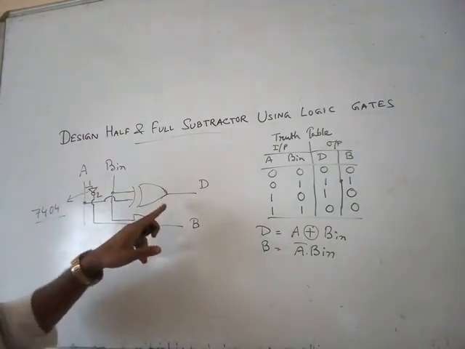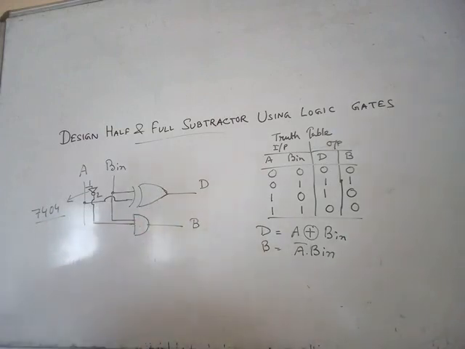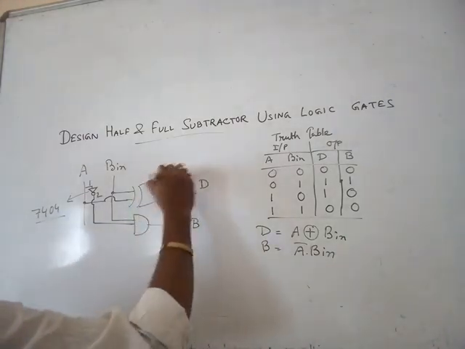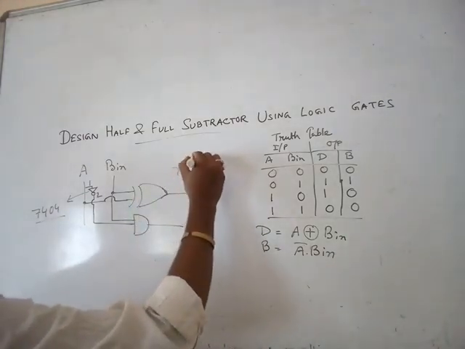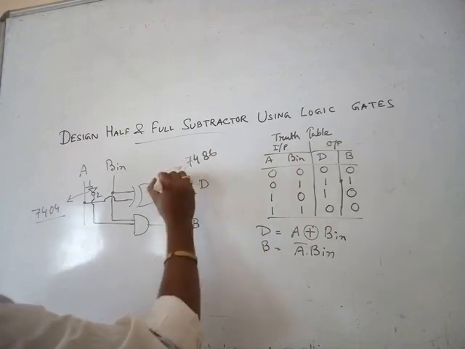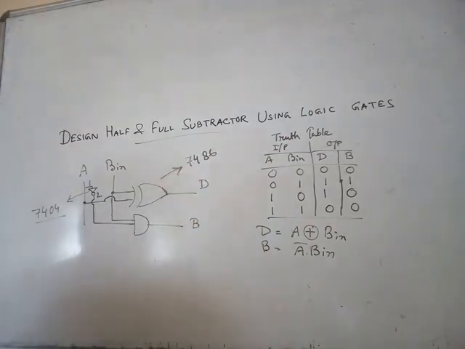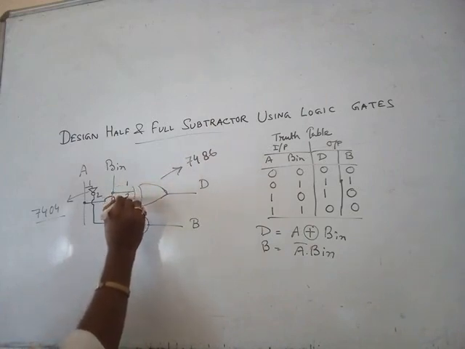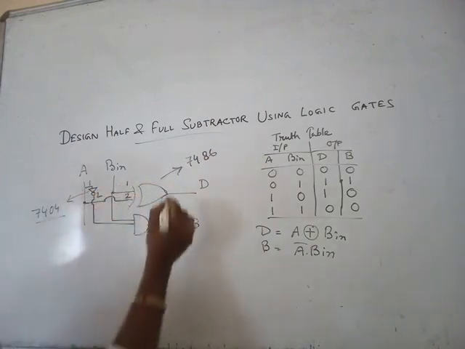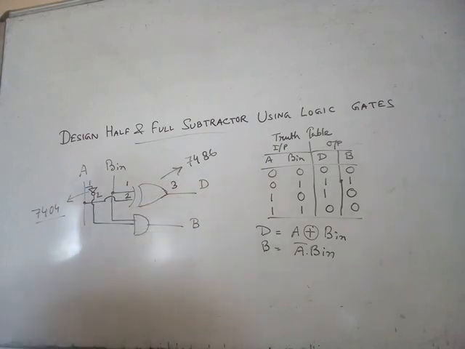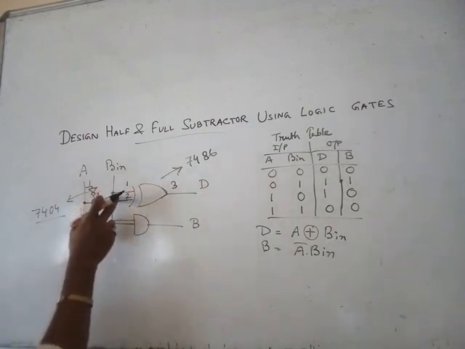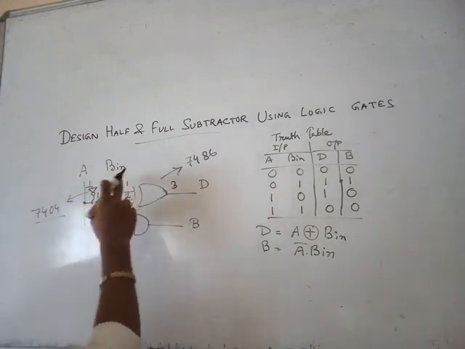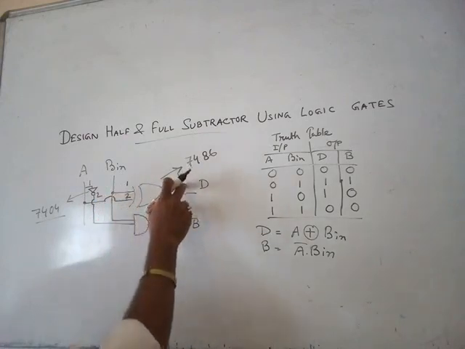Next, for the exclusive OR gate, the IC number is 7486. You know the NAND pin number, 1 2 input, 3 output. You can take 4 5 input, 6 output, 10 9 input, 8 output.